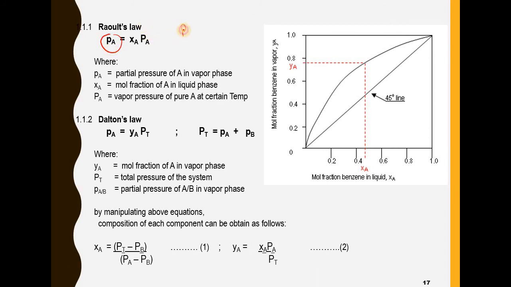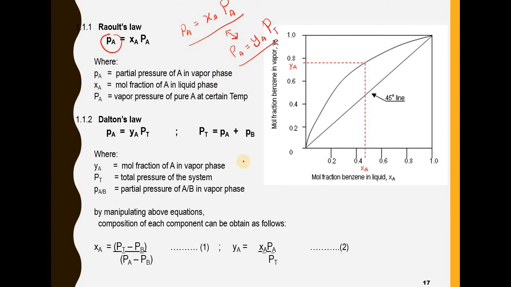The partial pressure of A is equal to XA times P, the vapor pressure of A. For Dalton's law, the partial pressure of A is equal to the mole fraction of A in vapor times the total pressure of the system. So it is slightly different between Raoult's law and Dalton's law.